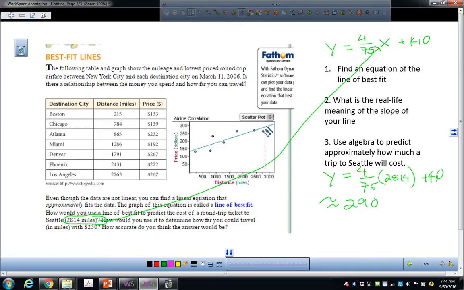Go up to the line and then go across. And it looks like that is somewhere around 280 or so. So I'm pretty close. See that? So that's another way I could do this. Sometimes I'll say do it algebraically, sometimes I'll show on your graph how you can predict.